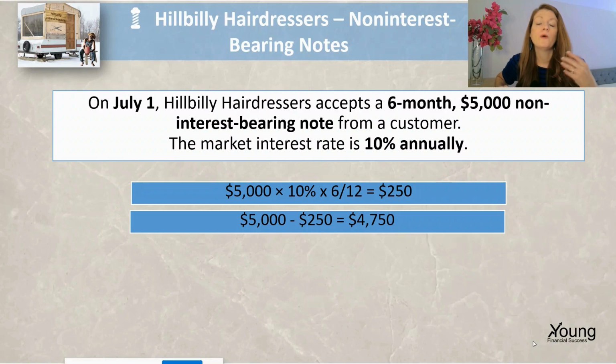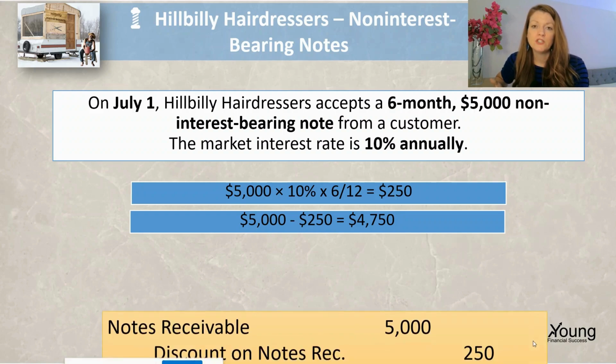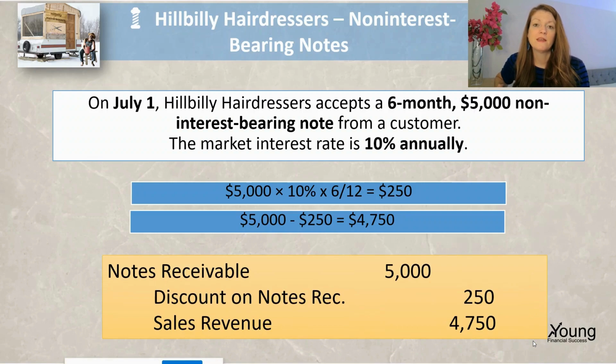So what we are actually going to consider that we are lending them is $4,750, and then the $250 is interest. So we're really just loaning them $4,750.